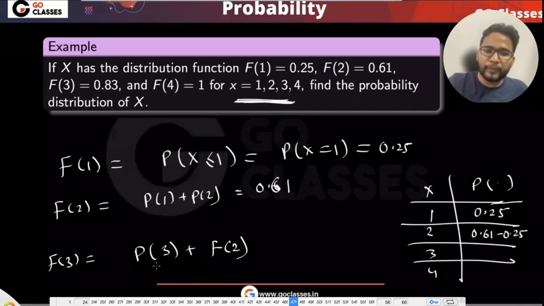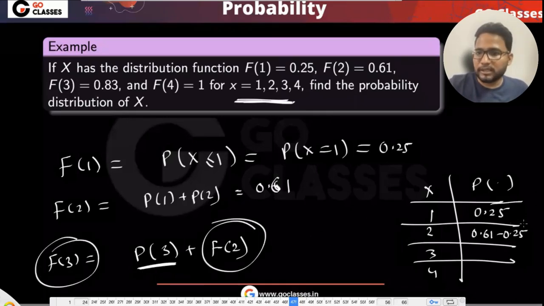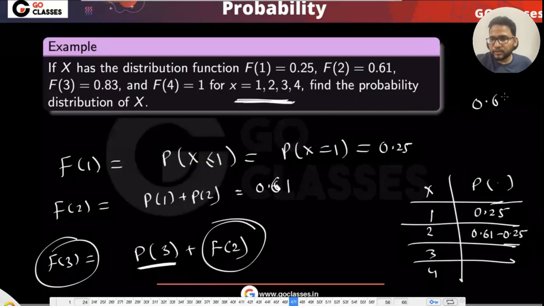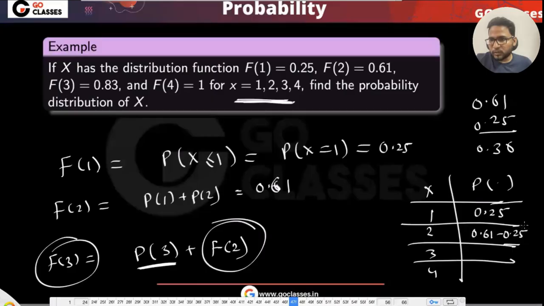So p of 3 you can calculate using F2 and F3. I think this is coming out to be, can anyone tell me? 0.36, right? So this is 0.36, and F2 is given to be 0.61.